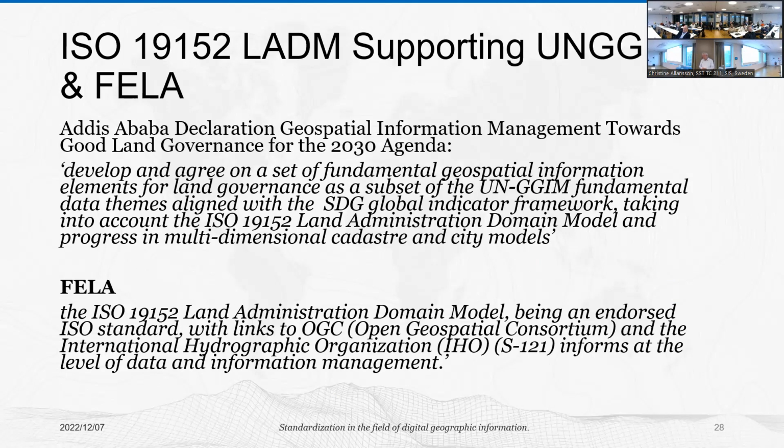Mature countries like Sweden, Europe, Australia and the US have very good land information, management and administration, but there are a lot of other countries that don't, and these are the reasons why we're doing it. And the Framework for Effective Land Administration, FELA, under the UN-GGIM Land Administration and Management Program, has also indicated that we're going to follow ISO 19152.